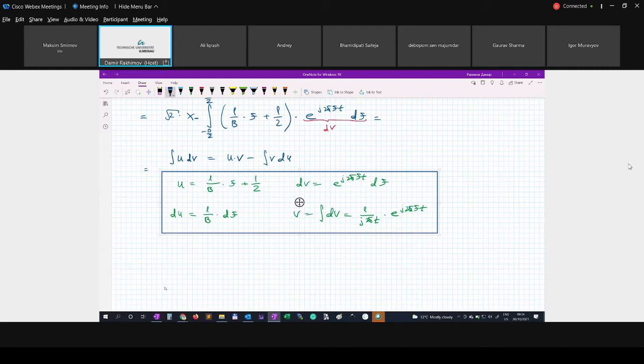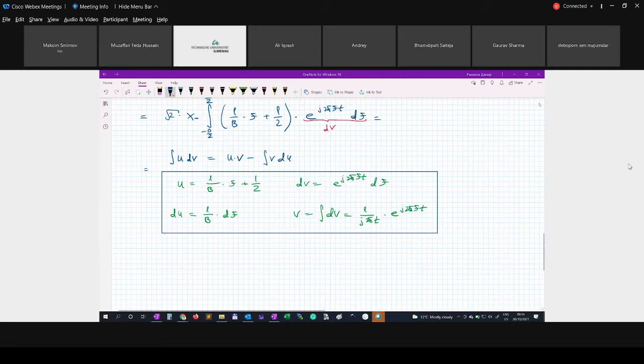Should we change the limits of our integral, or keep them the same? And if we should change them, then how? We just multiply by 2 and integrate from 0 to B over 2.